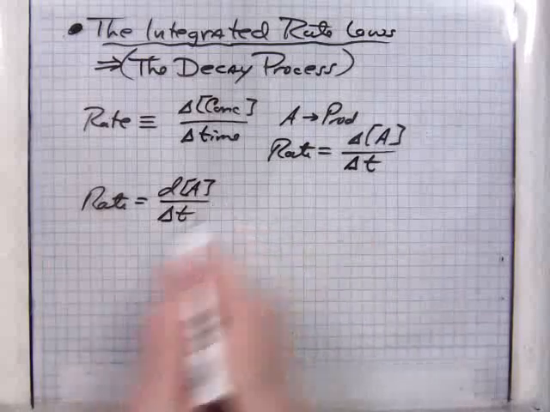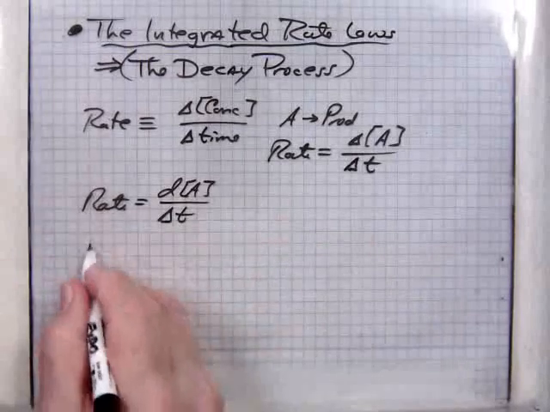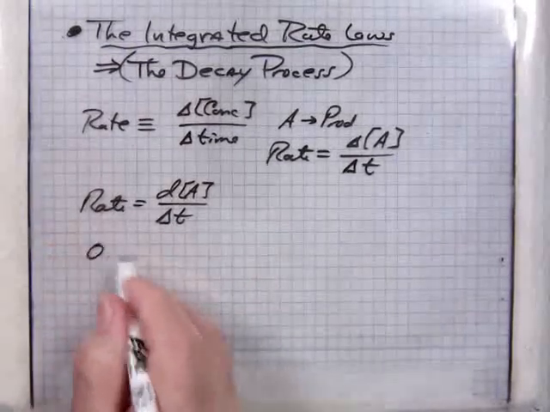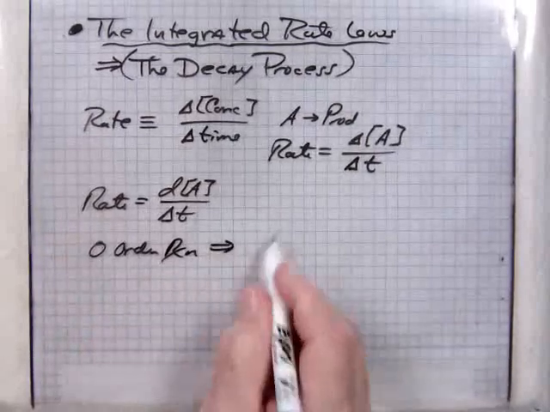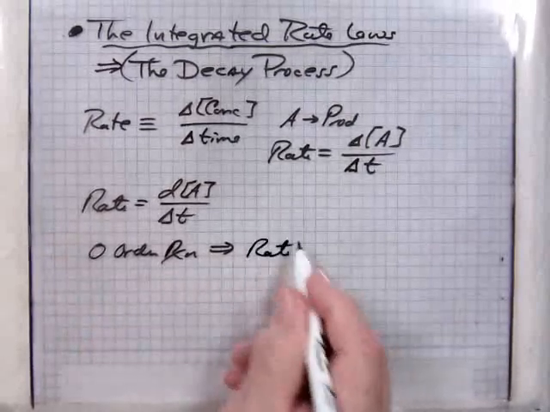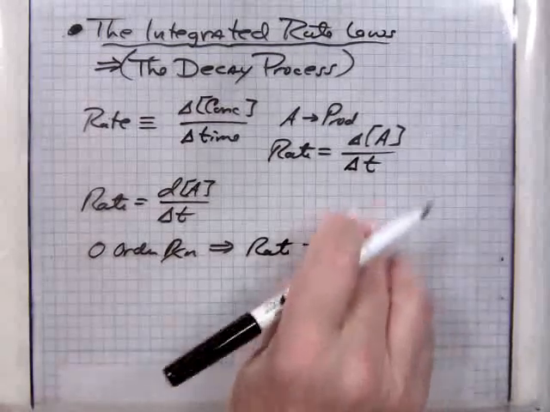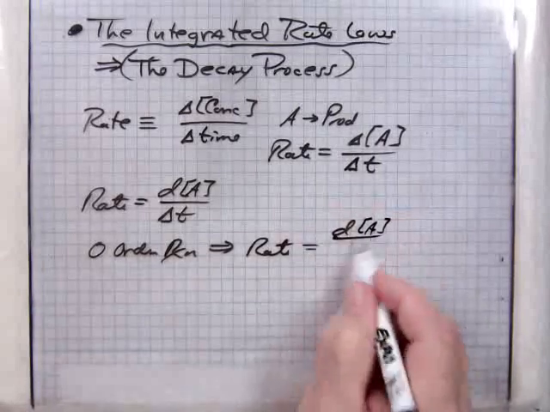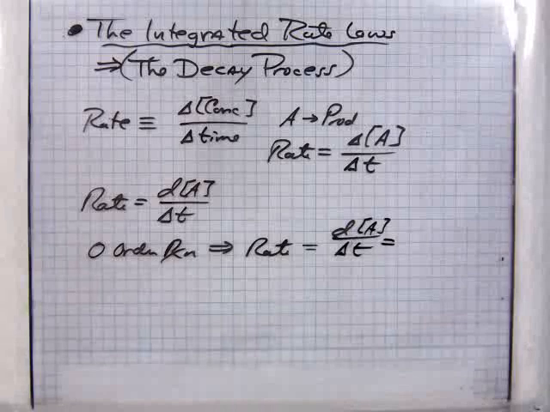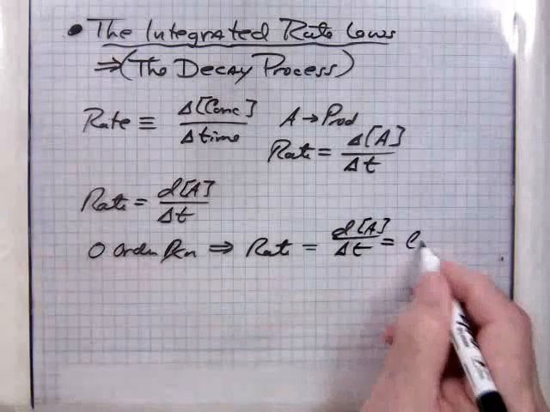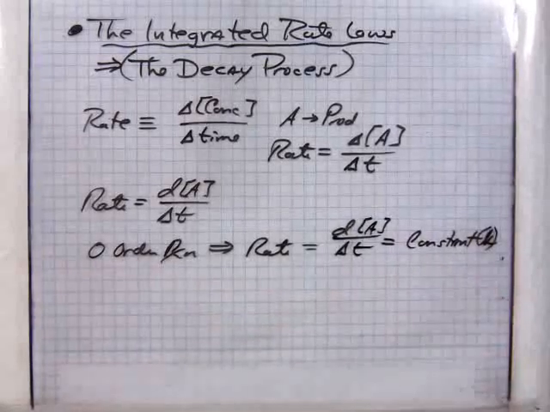Each one of these is applied to first, second, and third order. So a zero order reaction would have a rate expression equal to dA over dt, and if it's zero order, the rate is a constant, typically assigned a K value.